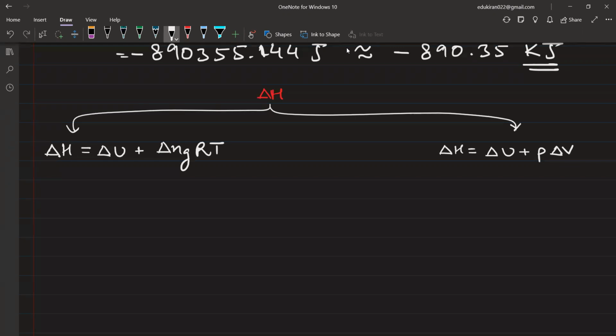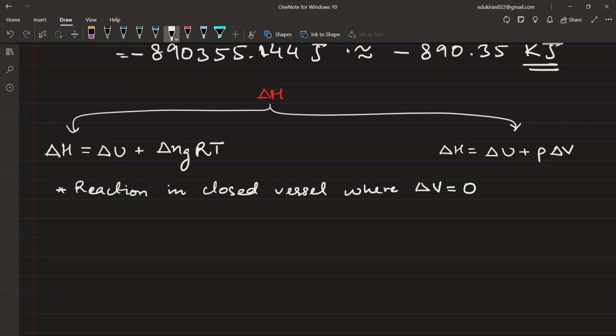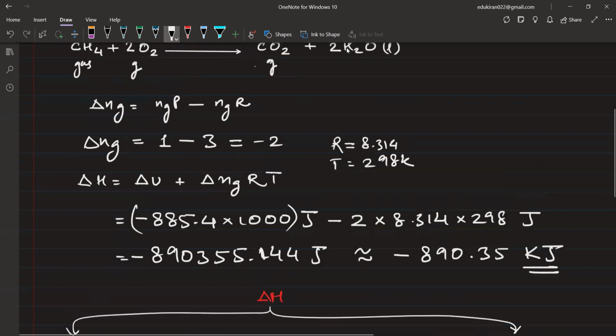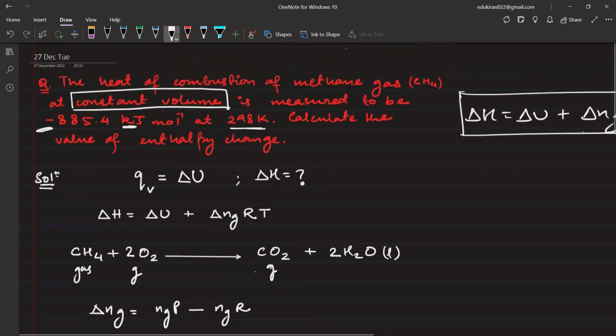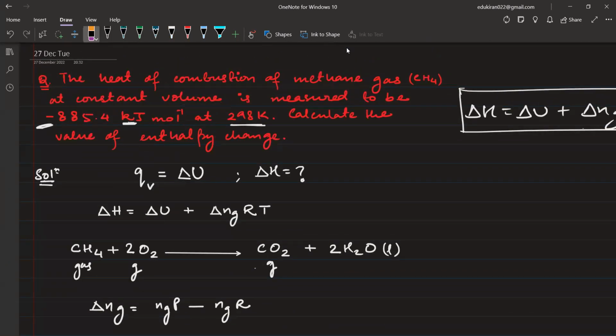Now, please listen. If you have a reaction in a closed vessel where change in volume is equal to 0. In the above example also, the heat of combustion of methane gas at constant volume is measured.